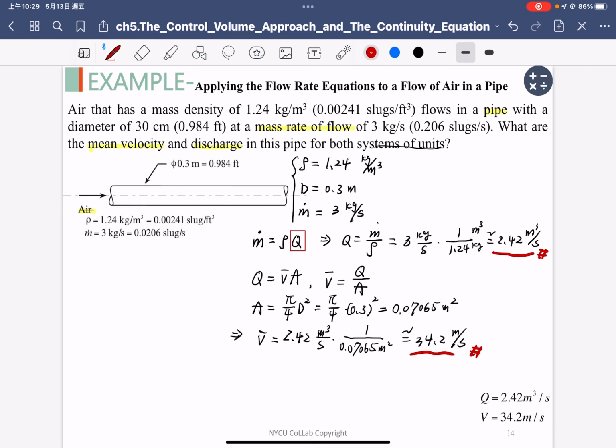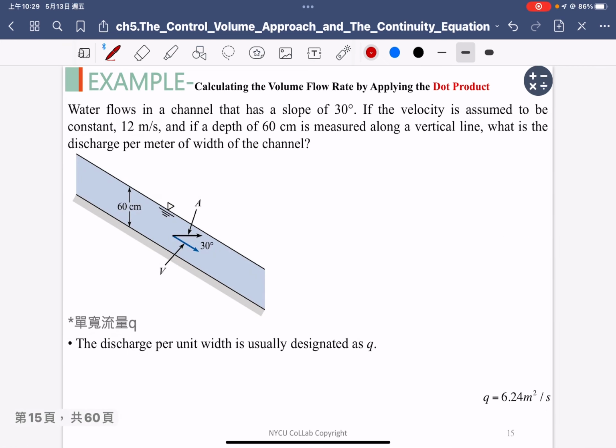And then in the following exercise, you see I highlight that for this question we need to use the dot product. Why? As you can see, we know the flow direction is along these directions, okay?